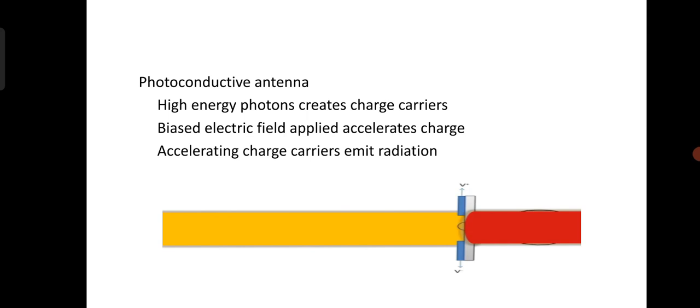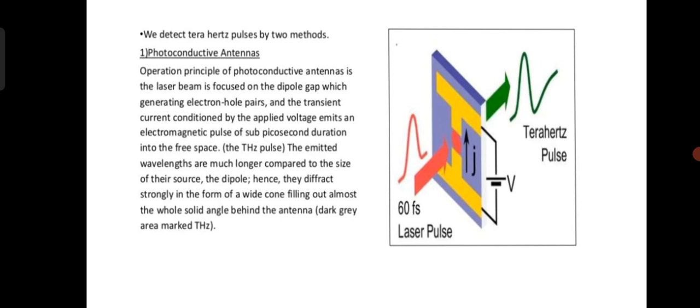Here you can see a picture of a beam of photons creating charge carriers which are accelerated by the bias current. The principle of a photoconducting antenna is that a laser beam is focused on the dipole gap, generating electron-hole pairs, and the transient current driven by the applied voltage emits an electromagnetic pulse of sub-picosecond duration into free space.